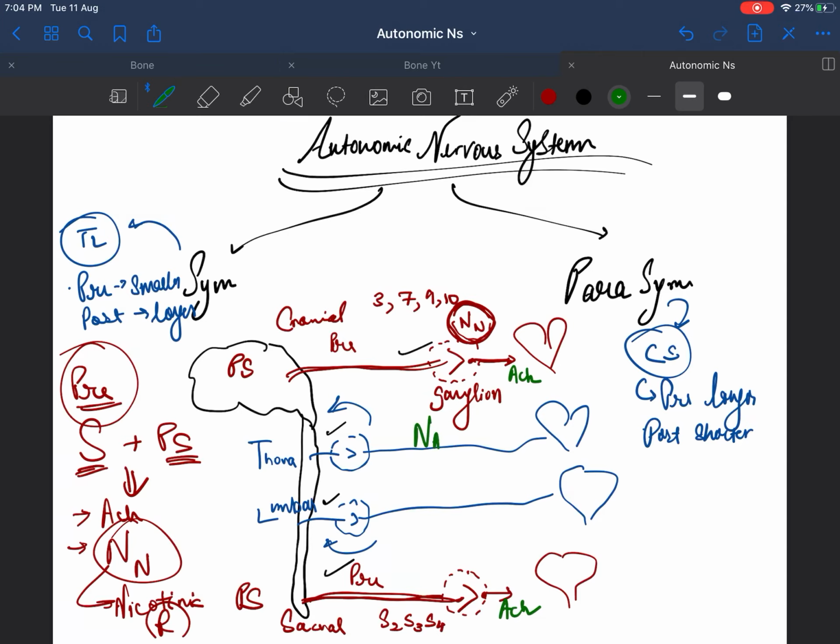In most cases it is noradrenaline, but in some cases, for example, the sympathetic supply to the sweat glands actually secretes ACH. And also, dopamine is secreted in the renal and mesenteric vasculature. The postganglionic fibers in the sympathetic system secrete dopamine there.